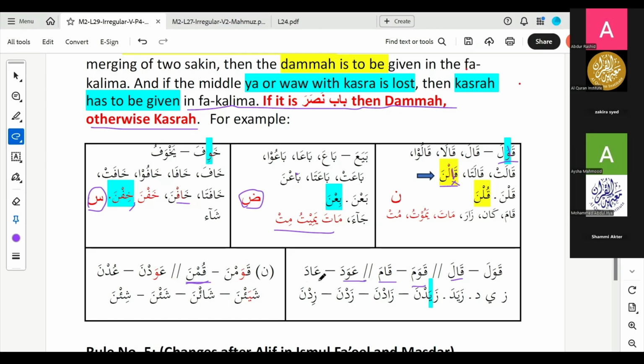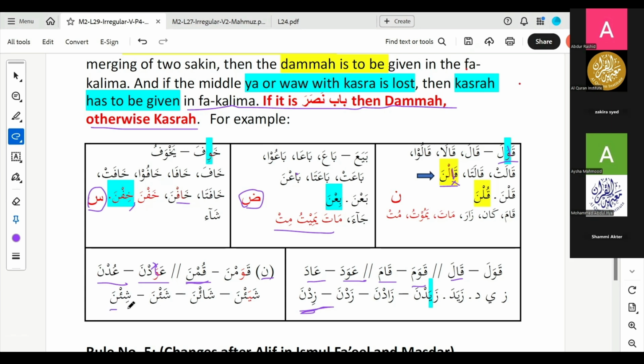Awada, aada, then Hunna siga would be awadna, then it turned to alif, then this is a weak letter, it gets dropped, then adna, since this is the nasra family, it becomes udna. Similar way, zayada becomes zidna.